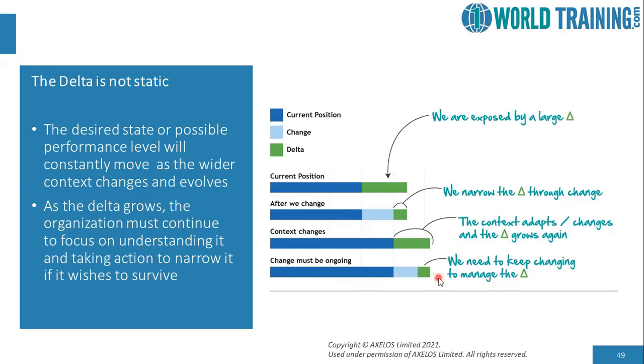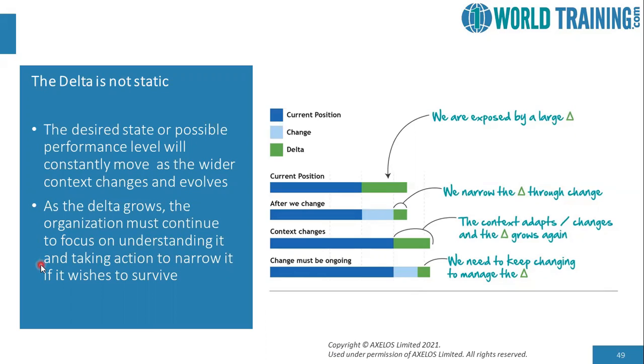We need to keep changing to manage the delta, which means the delta is not static. So the desired state or possible performance level will constantly move as the wider context changes and evolves, meaning the situation changes. And as this delta grows, the organization must continue to focus on understanding that delta and taking action to narrow it if it wishes to survive.